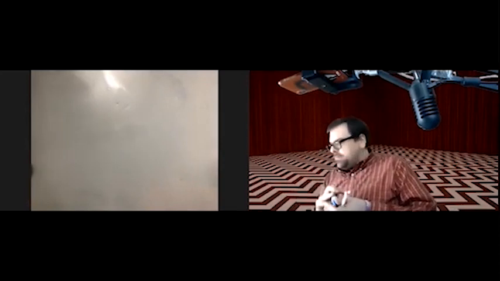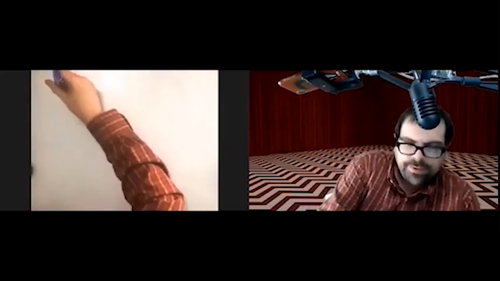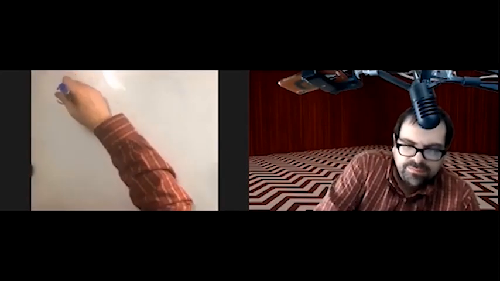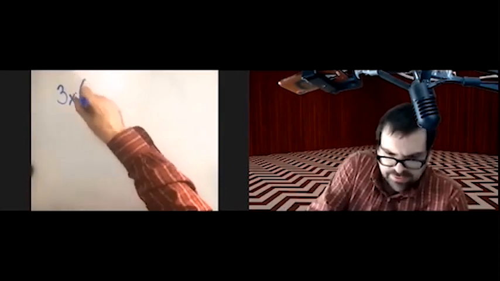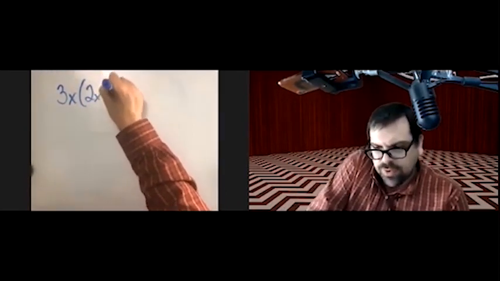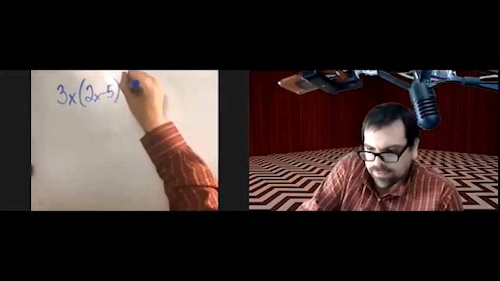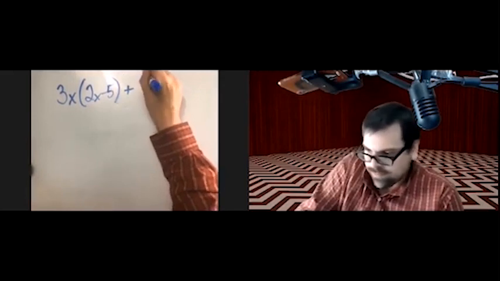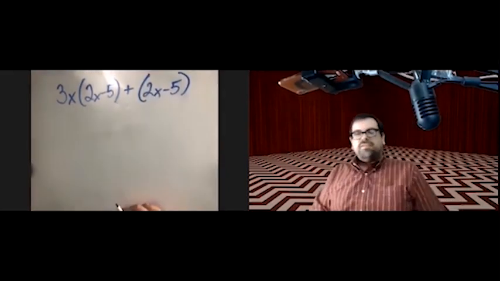I'm going to do that same problem. I'm going to change it up a little bit. Move it in and make them x's so that we're sure that it's different. 3x times 2x minus 5 plus 2x minus 5.